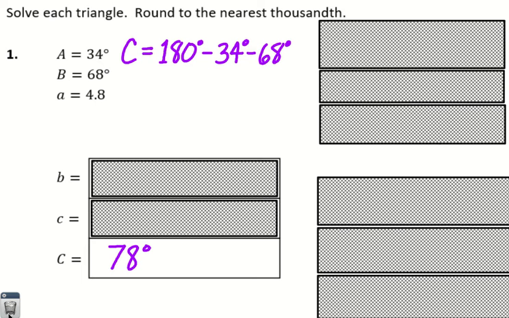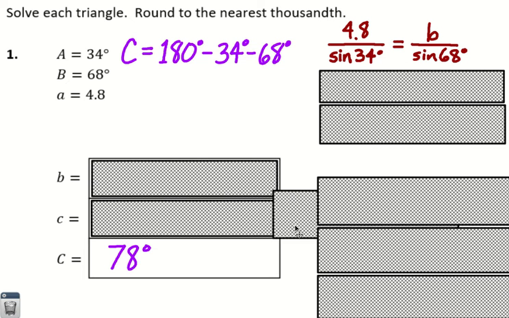It'll be little a over the sine of big A. And then I think you kind of have your choice, as I look at this. You could choose whichever one you wanted, but one of the fractions definitely needs to be the one that involves the A's.